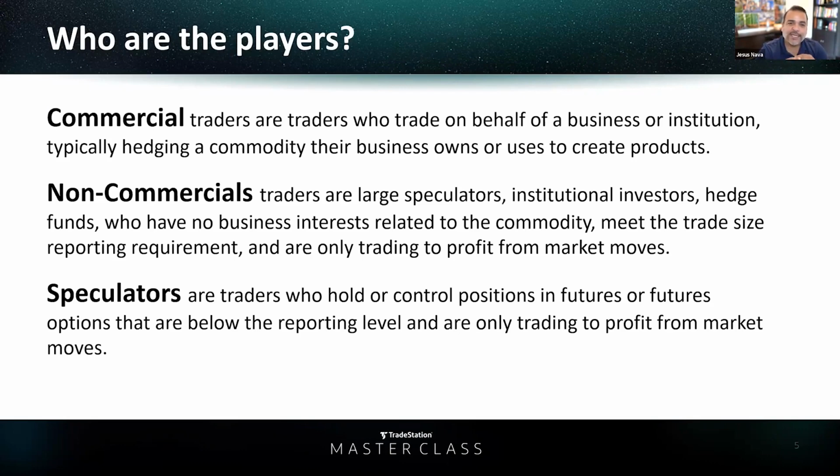Production wise, they are in the business of the commodity, whether it is wheat, if you're making or producing cornflakes, if you are in the gold business because you are a jewelry manufacturer, or you are in the crude oil business because you have a refinery, or whatever it is, you're directly involved with the commodity. That's the commercials. The non-commercials have nothing to do with the commodity.